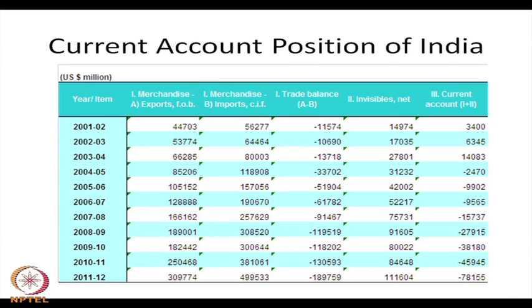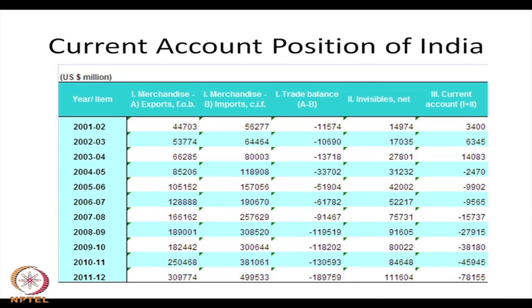Import is primarily inelastic in the Indian context, because a significant part of our imports is crude oil, which is inelastic in nature. Even though we have a current account deficit, we are forced to import, because these are essential imports.